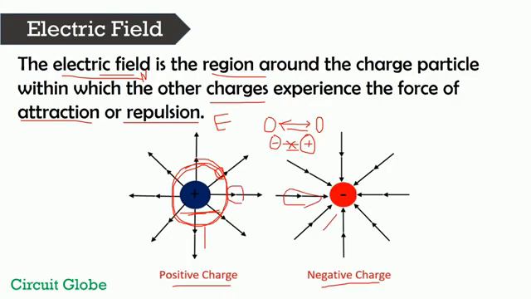This happened because, as you all know that the positive charge always repel the test charges, while the negative charge always attract the test charges. And hence because of this reason the electric field are going outward direction in case of positive charge, and it is moving in the inward direction in case of the negative charge particle.